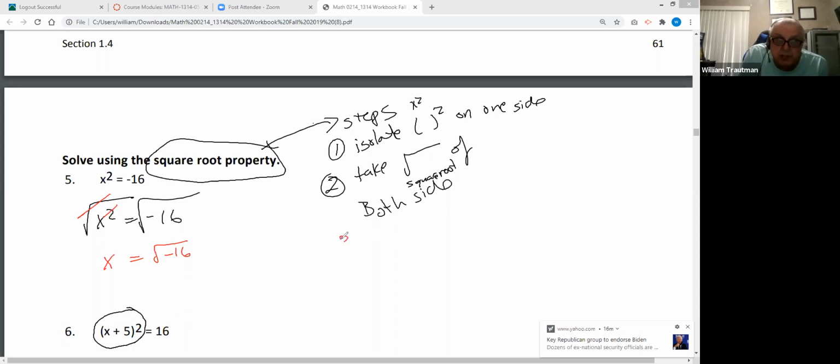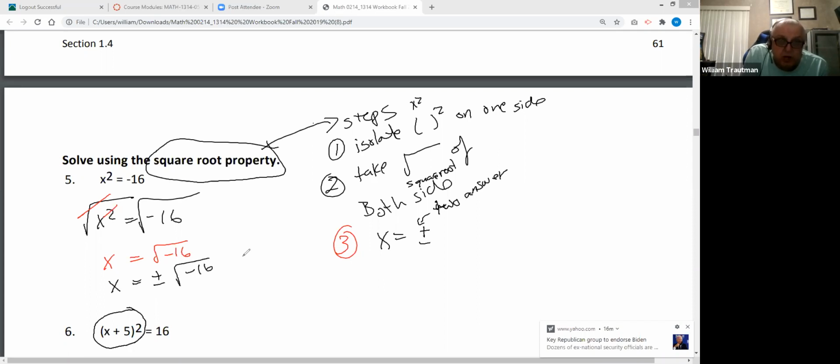So step 3. When you get the x equals, there's always 2 answers, a plus or a minus that has to be there. And I'm going to show you why. So this ends up being x equals plus or minus the square root of negative 16.